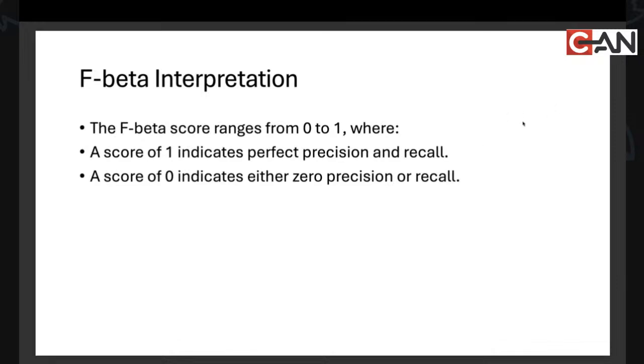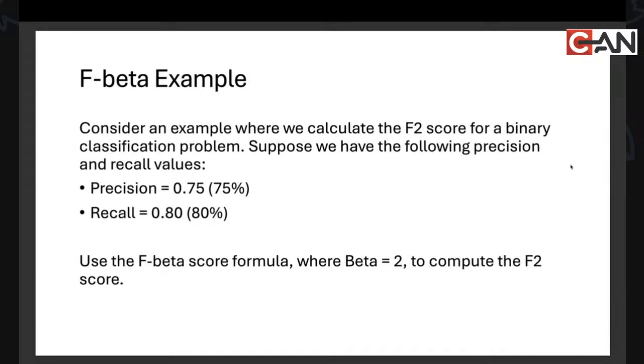All right, let's look through an example. Calculate the F2 score here. You've got a precision of 0.75 and a recall of 0.8.